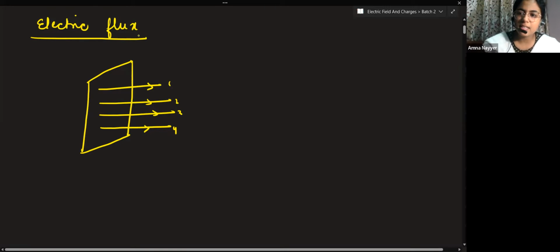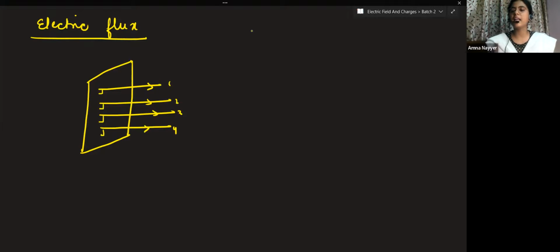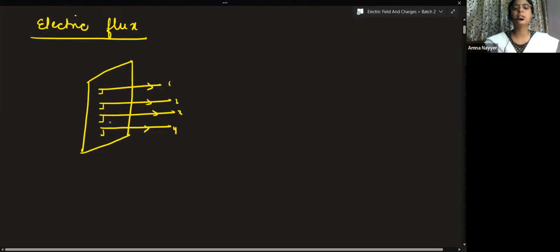Electric flux is basically all the electric field lines which are crossing an area normally. Normally means perpendicularly. All these electric field lines are making an angle of 90 degrees with the plane surface. Normally means 90 degrees.